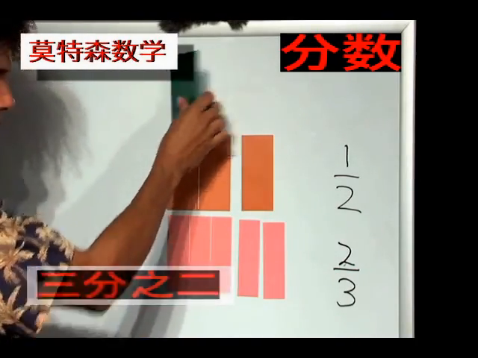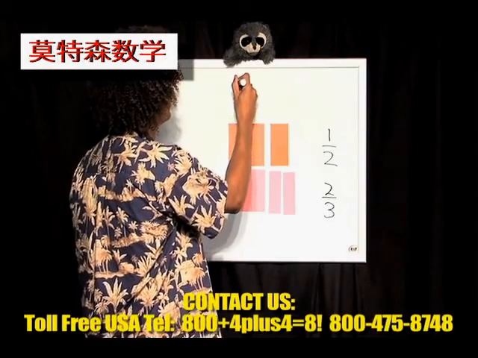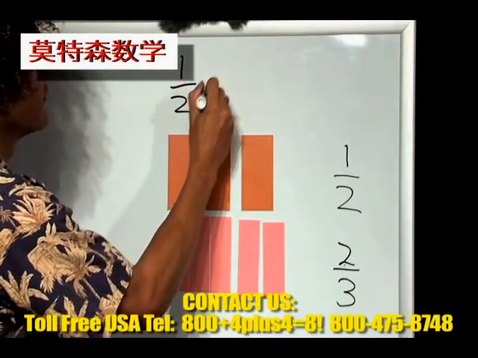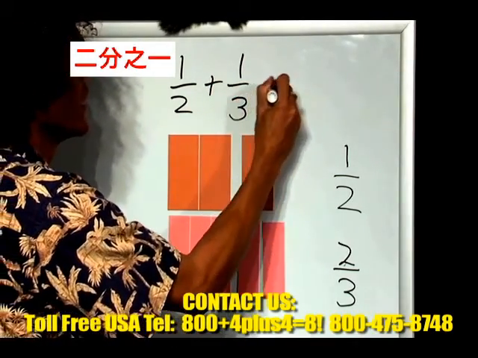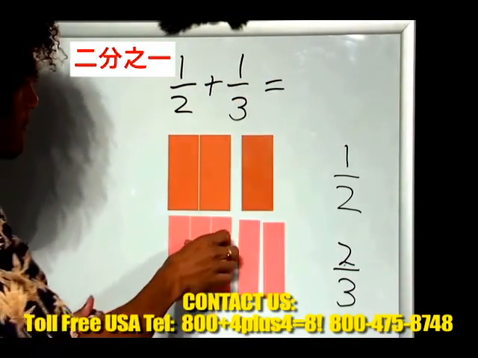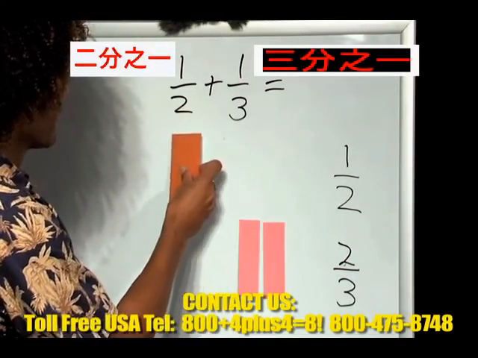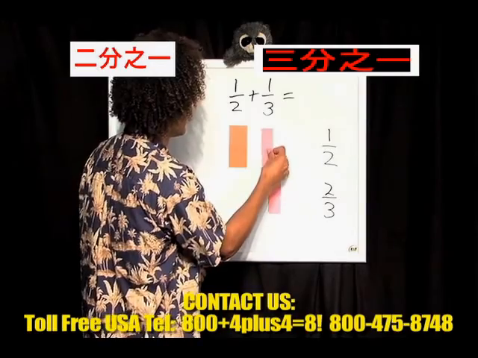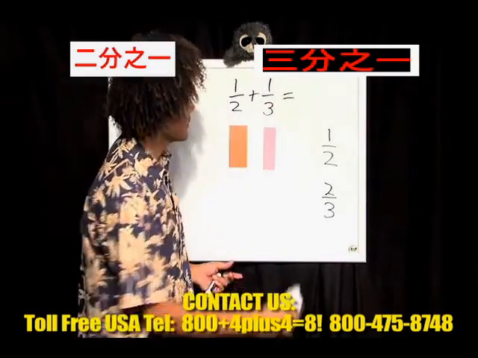So let's get back to our problem. What I had was 1/2 plus 1/3, and I wanted to know how much I had. And to make it more real and tangible to the students, let's tell a little story. The story is very simple.